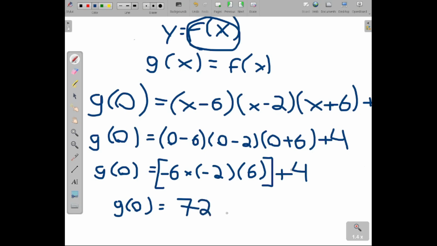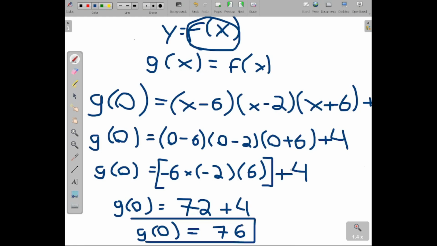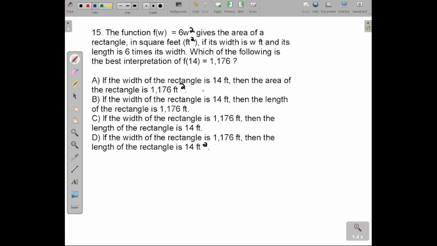Positive 72 plus 4. Finally, g of 0 is equal to 72 plus 4, which is 76. So this is the final answer. This is the value of the function when x is equal to 0.